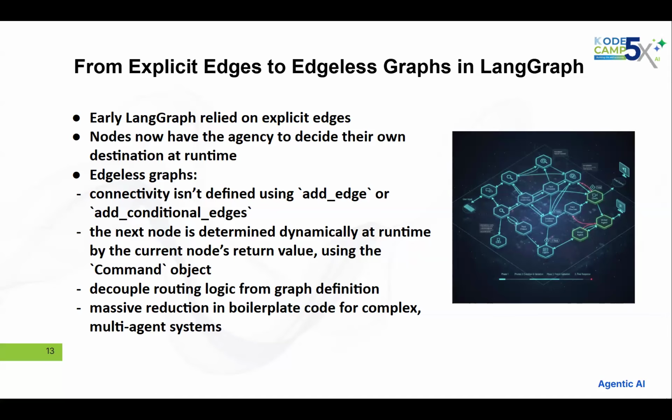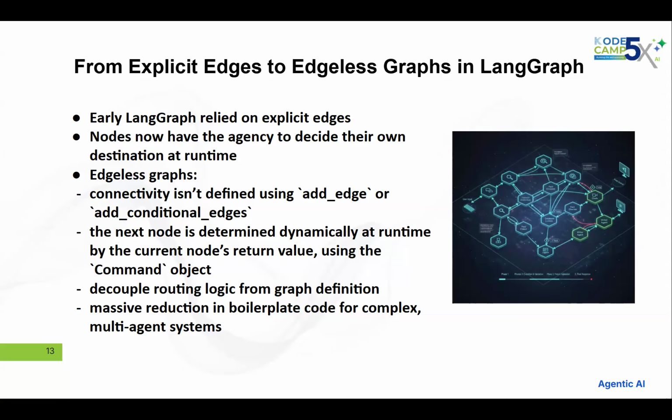For fixed edges, you use the add edge method, and for conditional edges, you use the add conditional edges method. But in edgeless graphs, there's no method to add any edge. The nodes themselves are able to decide on the next node to go to as the destination at runtime.